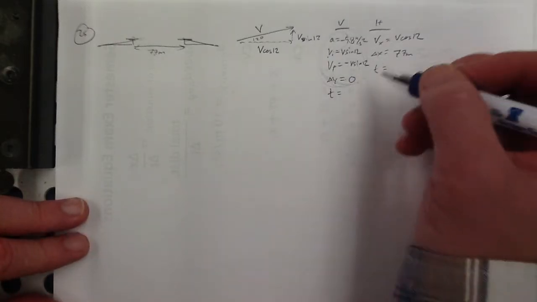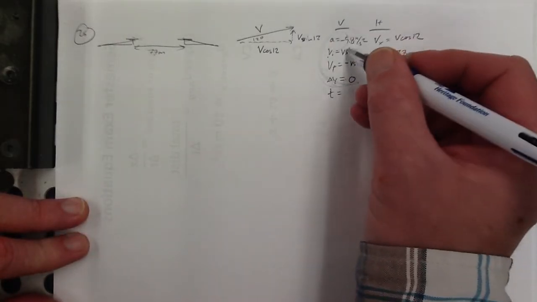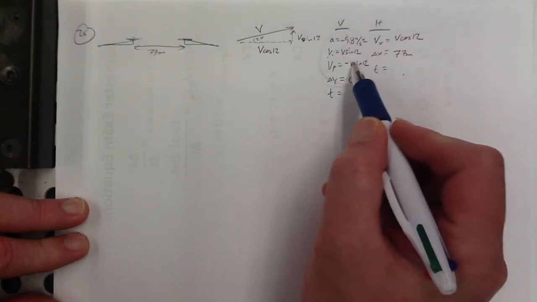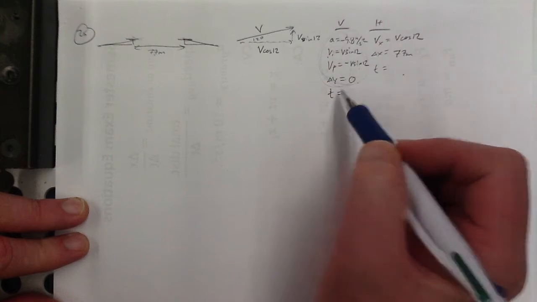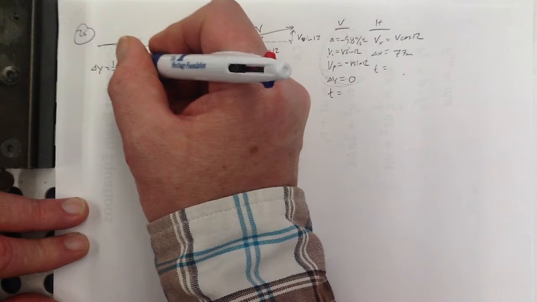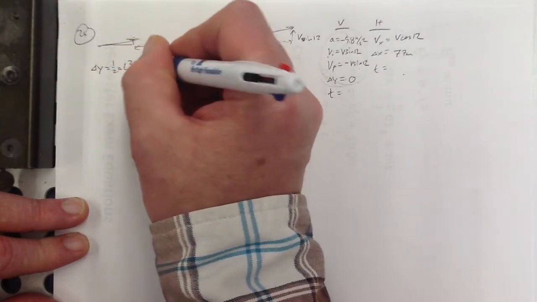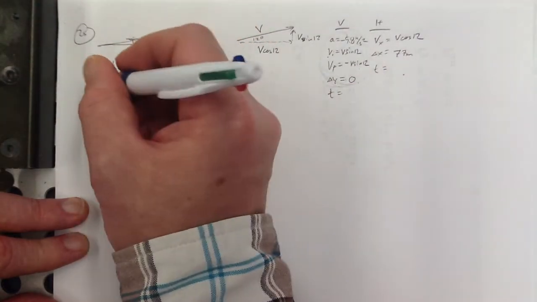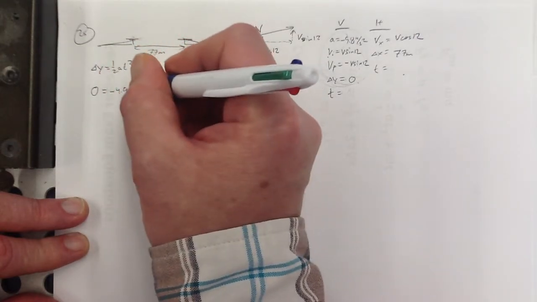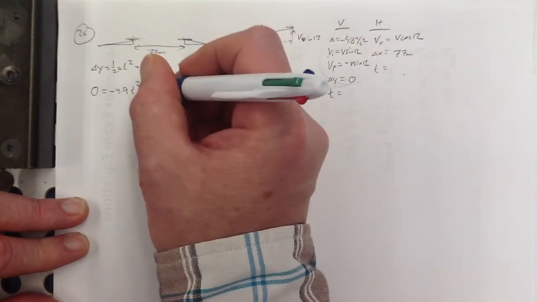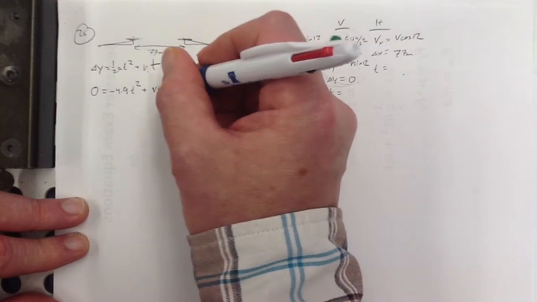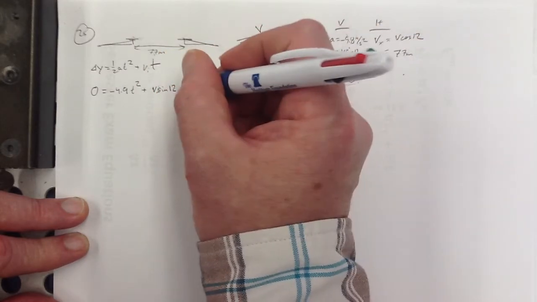So what I'm hoping to do is set up 2 equations that have a v and a t in them. So I'm going to ignore this and write the equation that relates those. This one. All right, so delta y is 0 is equal to negative 4.9 t squared plus v sine 12 t.